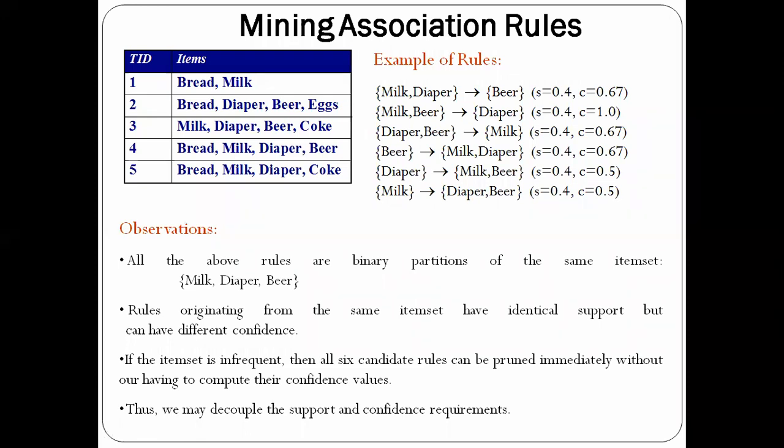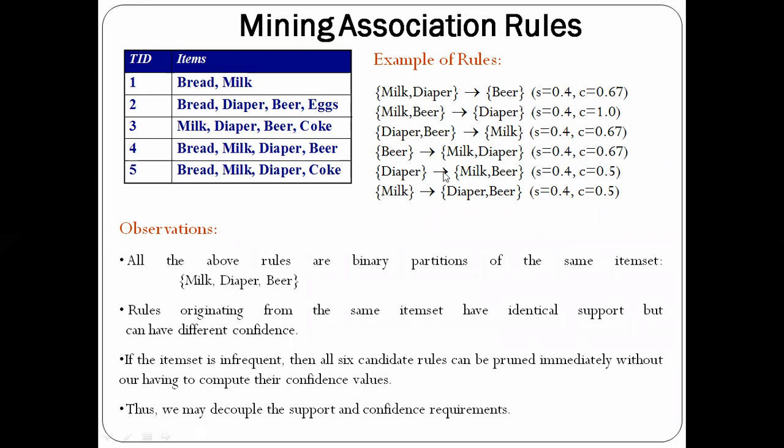So whenever you are considering a set of rules here, if all these rules have the same sets of items, that is milk, diapers and beer, what we will be doing is finding the support of the items here. The support count of all these rules will be the same, because they contain the same set of items.